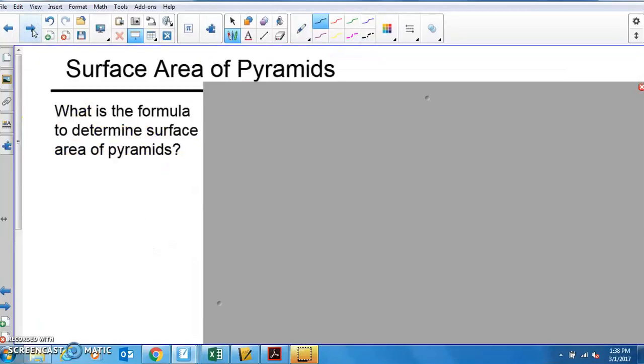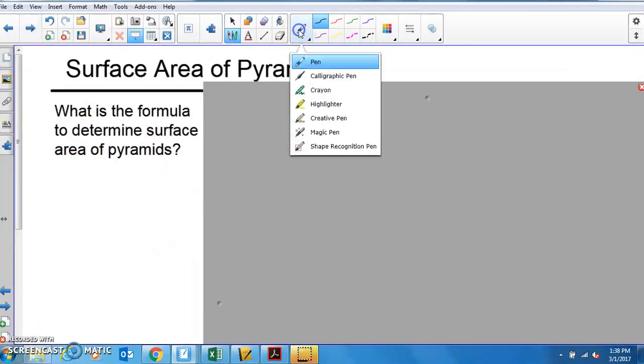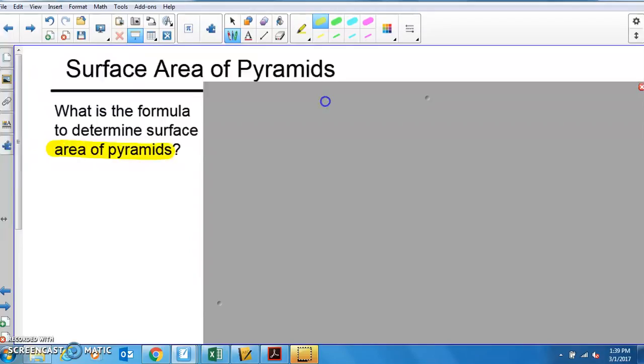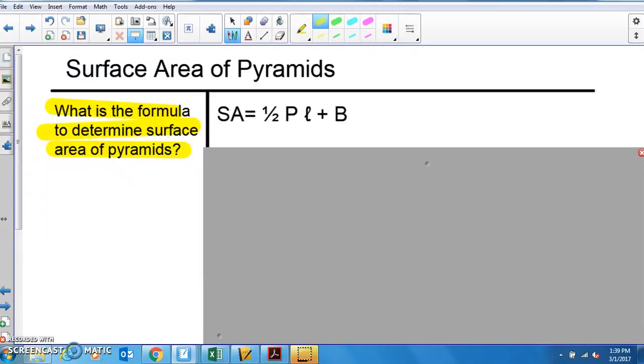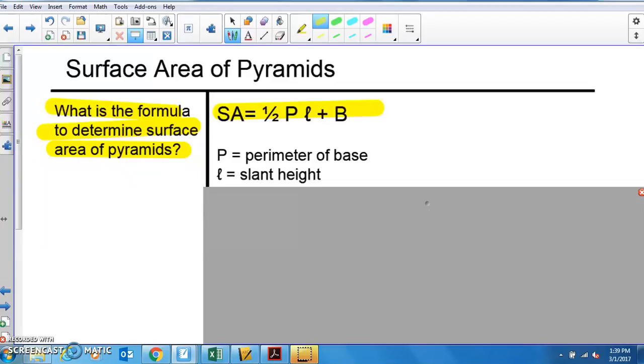All right, so surface area of pyramids. What is the formula used to determine surface area of pyramids? Now here we go with a whole other formula. So our surface area is 1/2 uppercase P times the cursive L plus B, where P is the perimeter of the base.